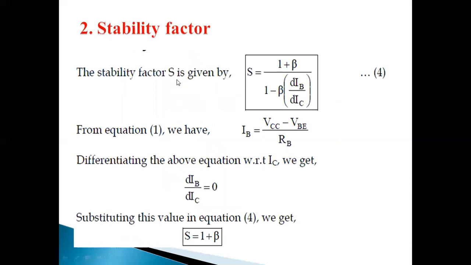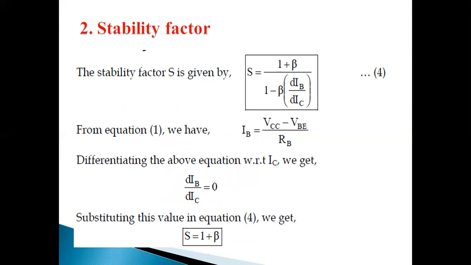Let us solve for the stability factor for this. The stability factor can be given as S equals 1 plus beta by 1 minus beta of dIB by dIC. Next, from equation 1, what is the IB value?